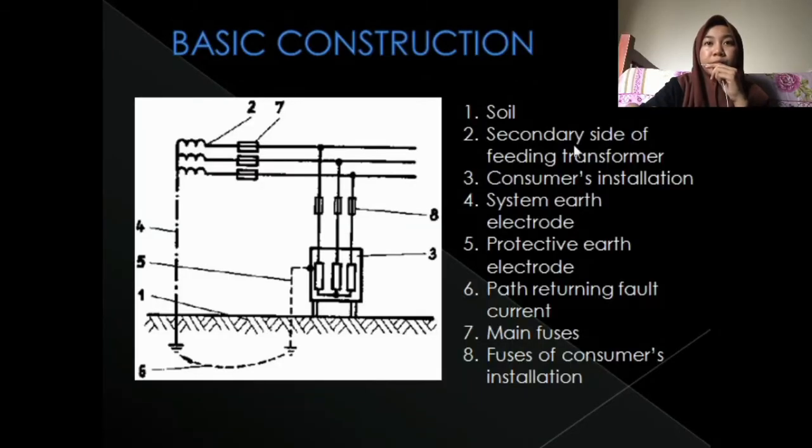Okay, next for basic construction. Earthing system consists of conductive earthing electrodes that are connected to each other, and an earthing line and earthing concentration line positioned between the electrical equipment and the earthing electrode. Okay, the system earth electrode serves to earth one point of the operating circuit, while the protective earthing electrode serves to earth the conductive part of the system.